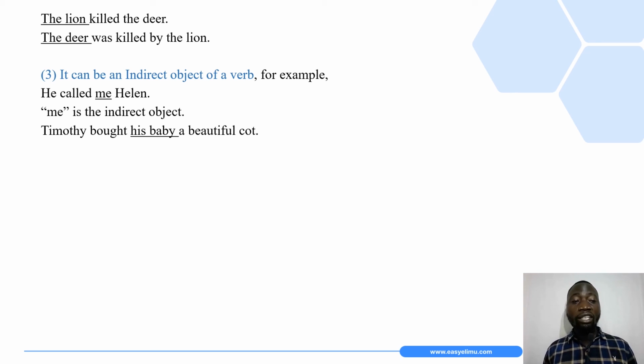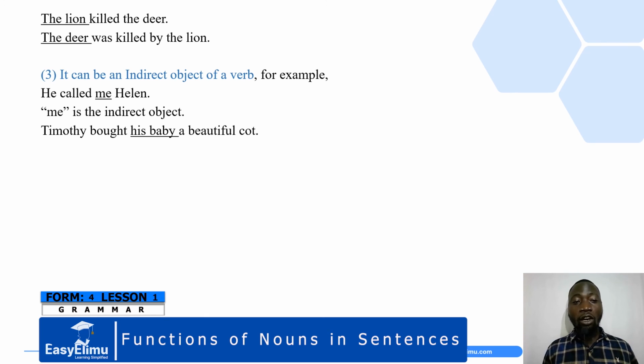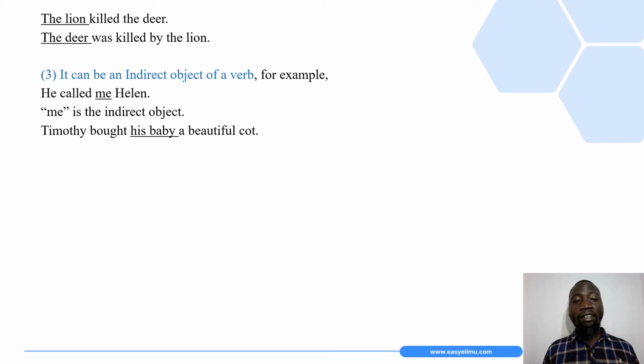The lion is the subject in our first sentence, and the direct object is the deer. If we rewrite that sentence in passive voice, we have sentence number 2, where the deer, that was our direct object in the first sentence, is now taking the role of the subject. The second sentence reads, the deer was killed by the lion.